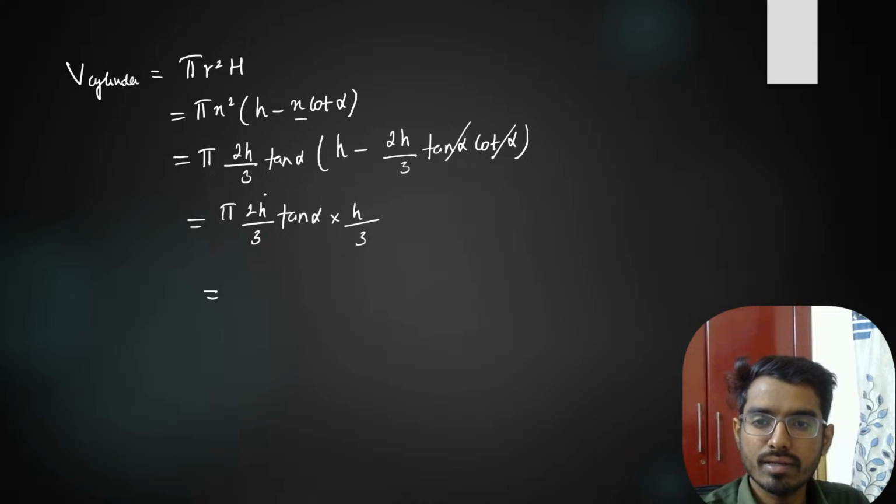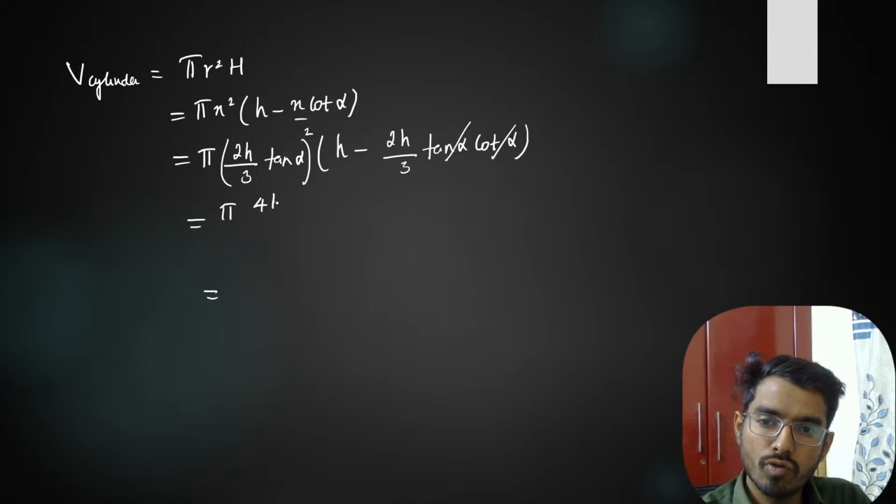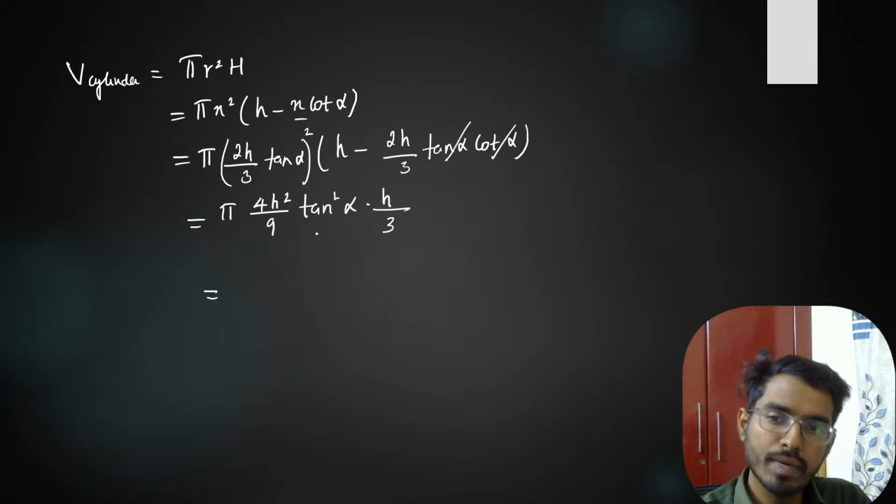Okay, x square is 4h square by 9 tan square alpha, and this will be h by 3.